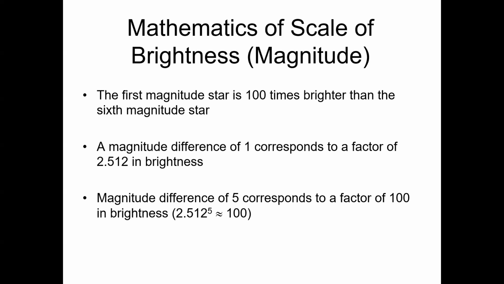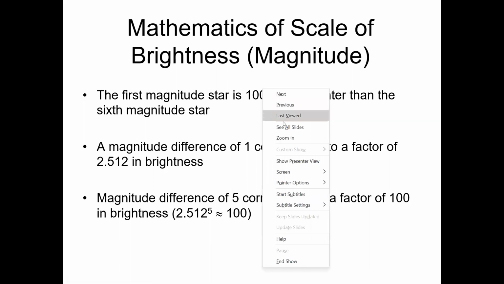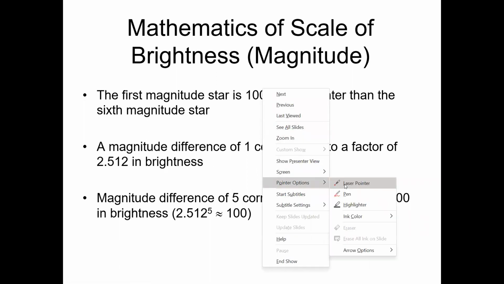So back then they invented some convention. Okay, let's use this convention to give numbers to stars based on their brightness. So look at these three bullets here on your screen. The first bullet, the first magnitude star, right?